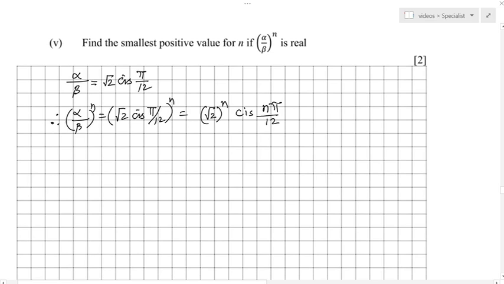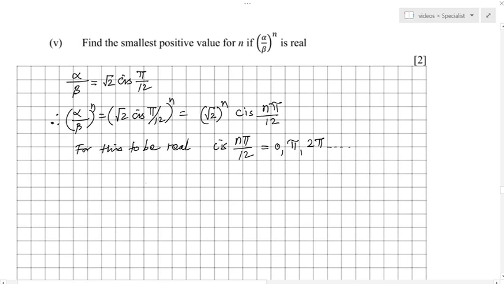So the argument of this complex number has to be either 0 or pi. So for this to be real, the angle n pi over 12 should be equal to 0, or pi, or 2 pi, and so on.